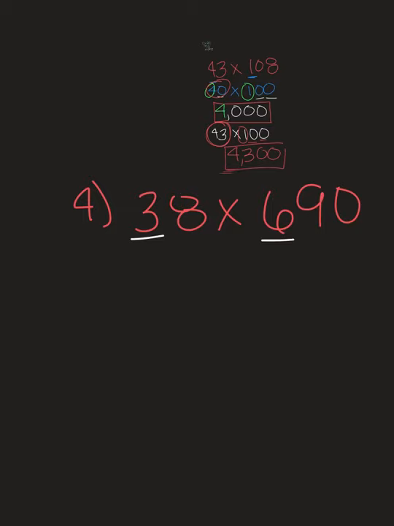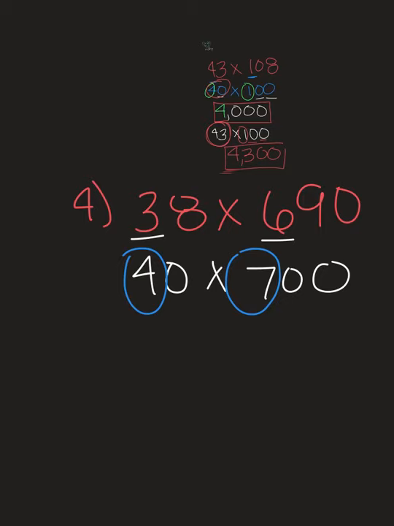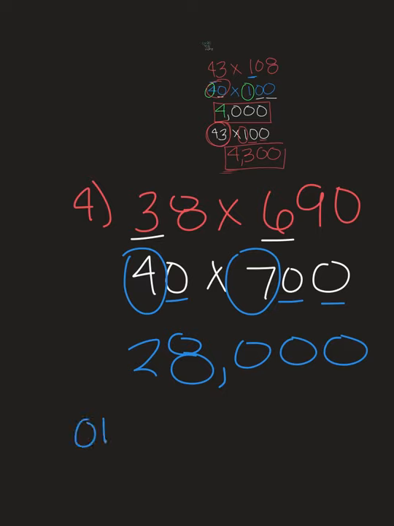So I can do that pretty easy by rounding: 38 is closer to 40, and 690 is closer to 700. So then I circle my non-zeros, 7 times 4, or 4 times 7, and that is 28. And then I count my zeros, 1, 2, 3. There's my comma, 28,000.